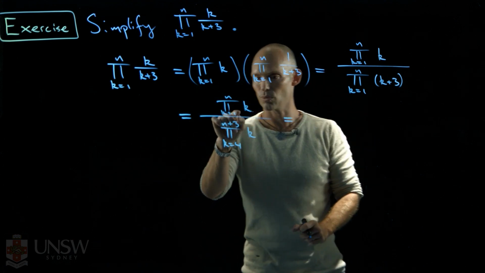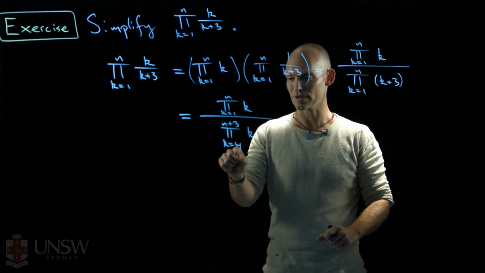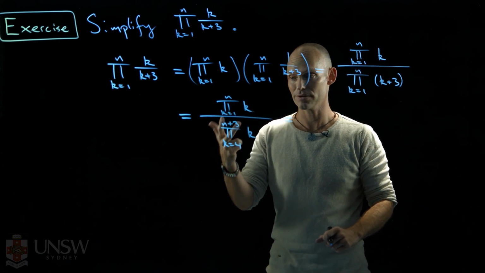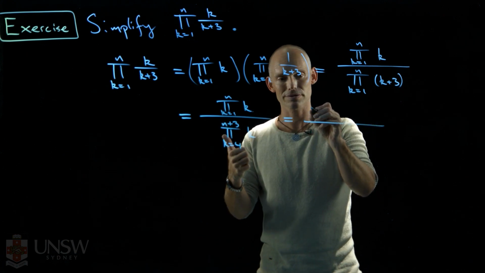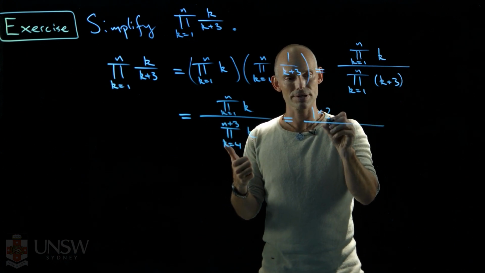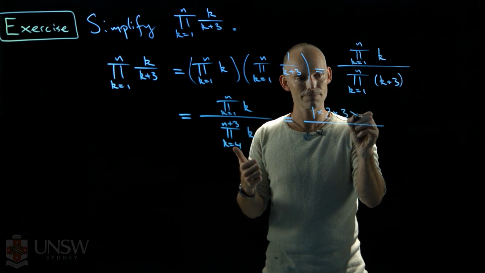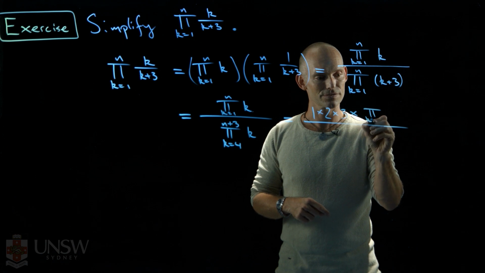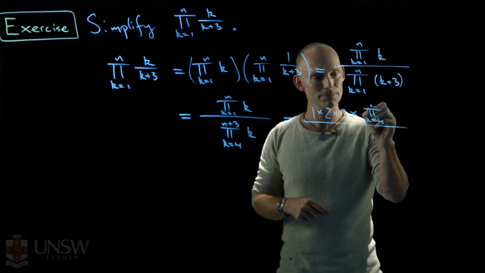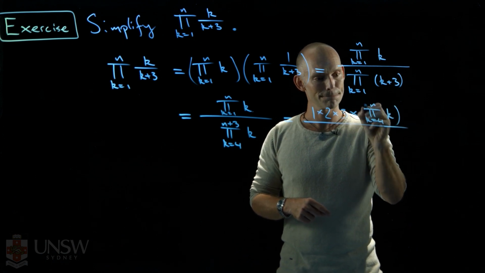So we've got a 1 and a 2 there that we don't have down there. In fact, we've got a 1, 2 and a 3 that we don't have there. So let's write them up. The first term was k equal to 1, the second was 2, and the third was 3. The remaining terms were this product here, where k goes from 4 up to n over k.